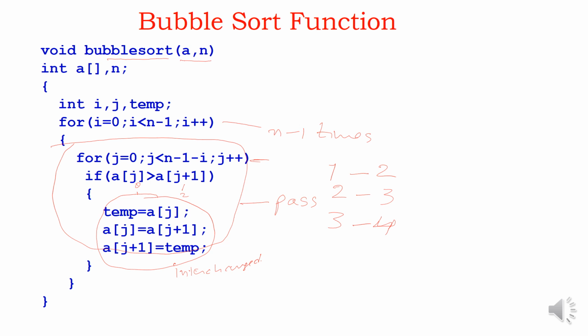So we are using two for statements. Here there are n minus 1 passes, and again, if there are n elements, there may be n minus 1 comparisons. So there will be n minus 1 into n minus 1, and the time complexity will be order of n square.